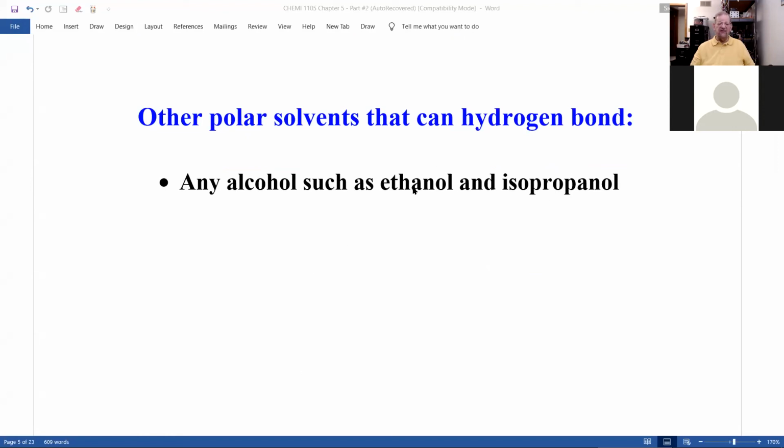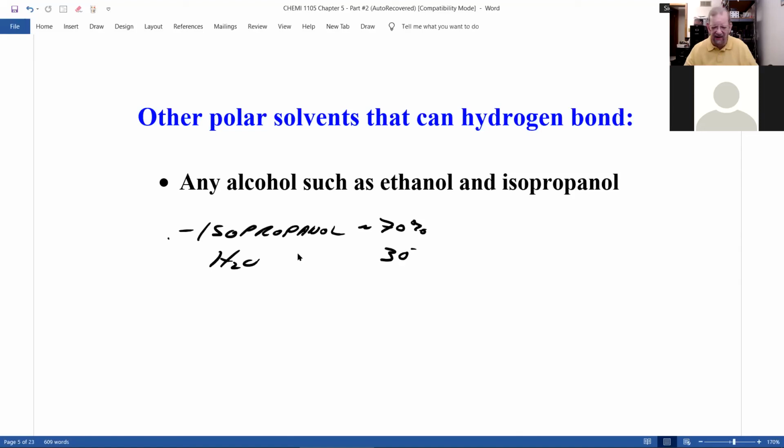I'll teach more about it later in the semester, but isopropanol, which I'll teach you is an alcohol, if you have about 70% of this and water, about 30%, adds up to 100, yay. What do we call that mixture? We call that rubbing alcohol.